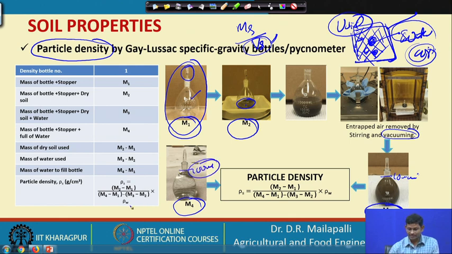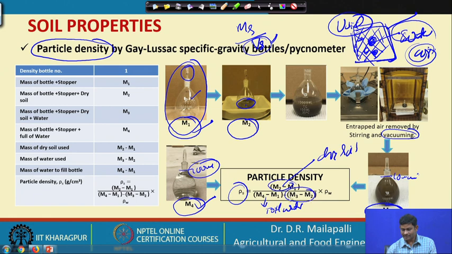Okay. Now the calculations. The particle density: M2 minus M1 is the dry soil, and M4 minus M1 gives the total water occupied by 1000 ml.